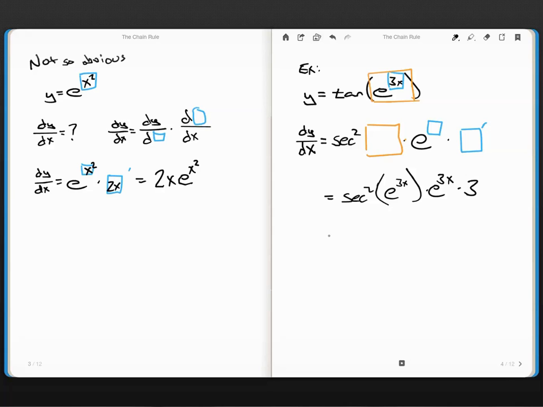So when I'm all done with this, I've got these extra factors in there. My orange thing showed up because this is orange box prime, and this is blue box prime down here. I work from the outside in. I'm going to make a note of that. Work from the outside in.